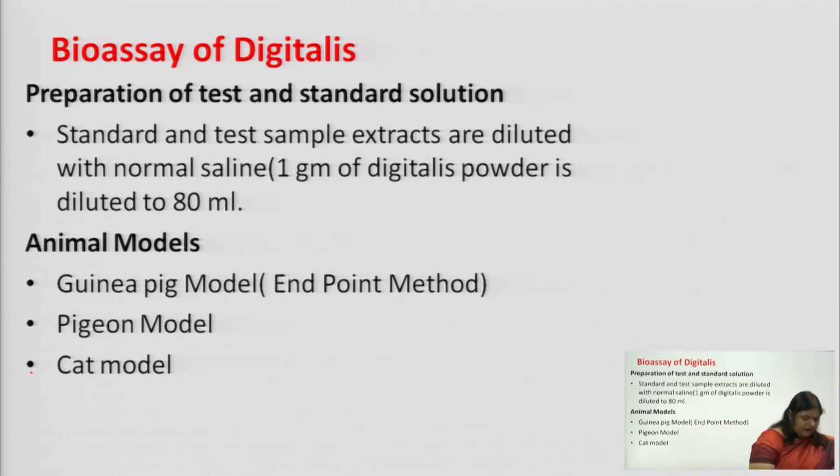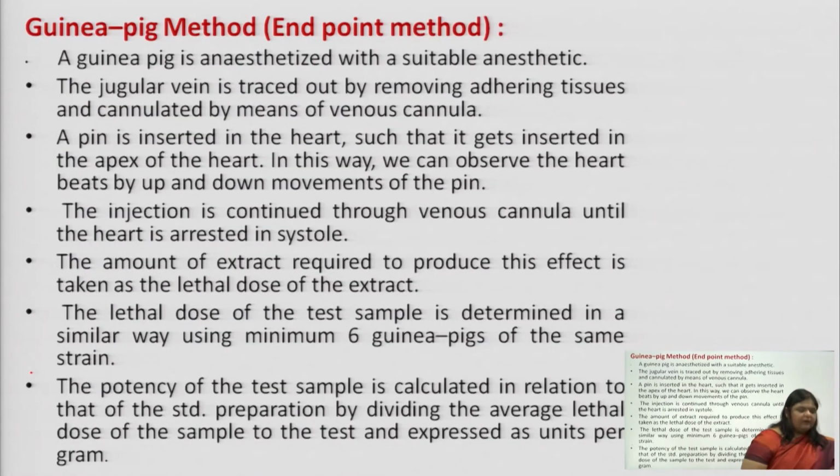So, let us see how, by this endpoint method, we carry out bioassay of digitalis using guinea pig. The guinea pig is anesthetized with a suitable anesthetic agent. The jugular vein is traced out. Various adhering tissues are removed. It is cannulated by means of a venous cannula.